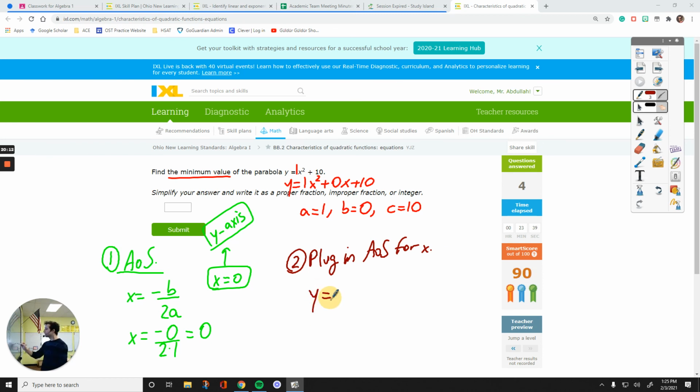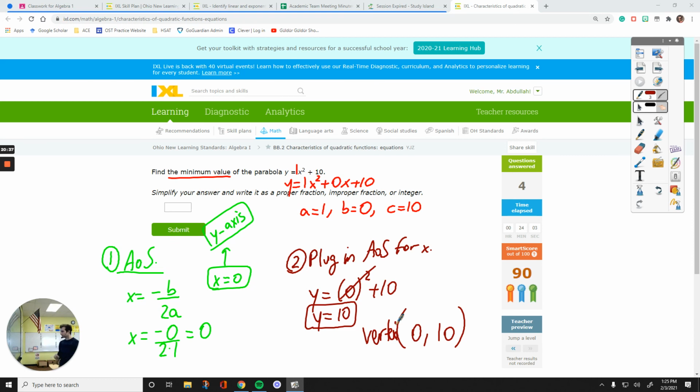So y equals 0 squared plus 10. This is just 0. Y equals 10 would be the minimum point of this. If the question was about the coordinates of the vertex, this is your vertex. Since it's just about the minimum point, the answer is going to be positive 10.